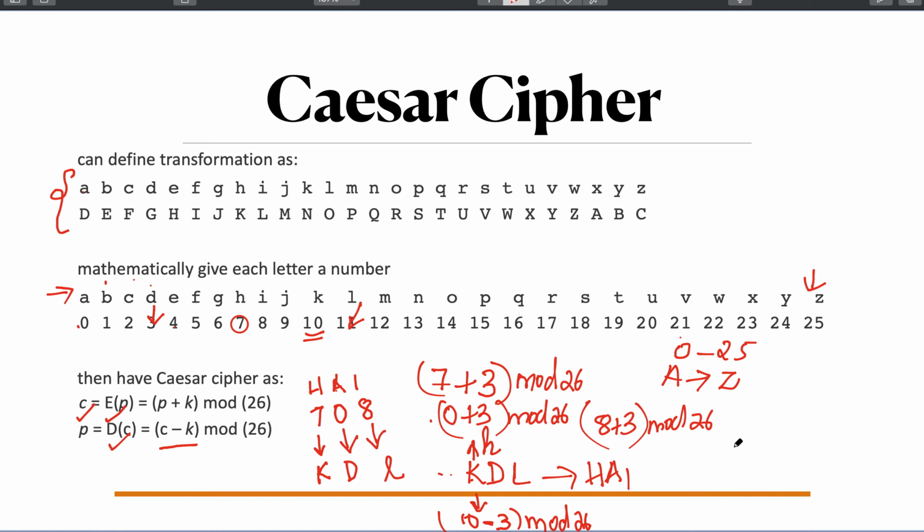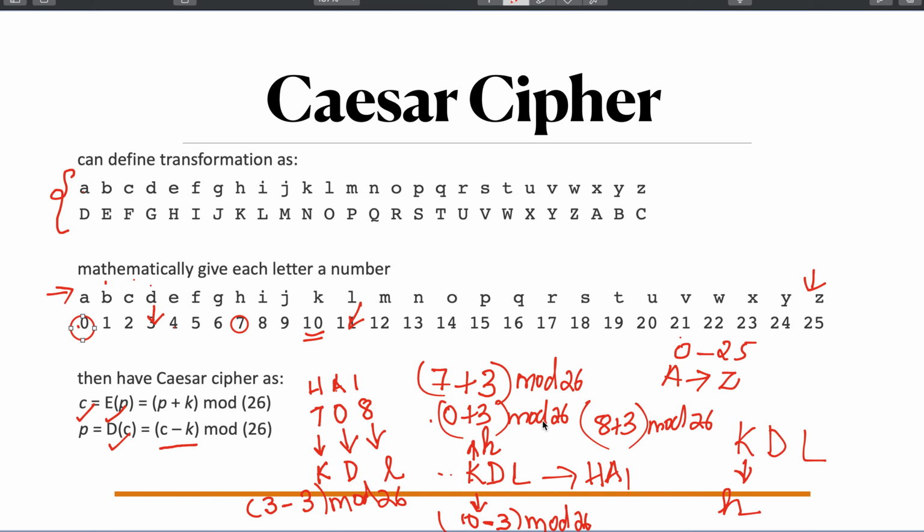So let me write it here. KDL. K will be replaced by H. Now the next one is D. What is the number corresponding to the ciphertext D? It is 3, right? So 3 minus 3 mod 26 is 0 mod 26, which is 0 itself, the alphabet corresponding to the number 0.